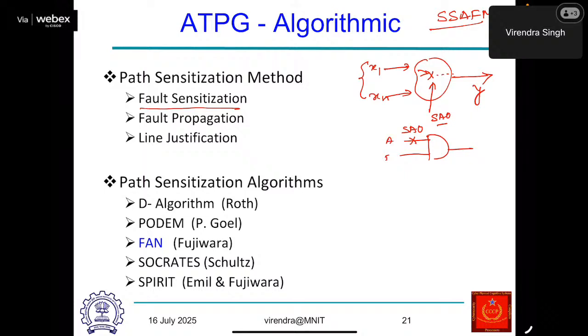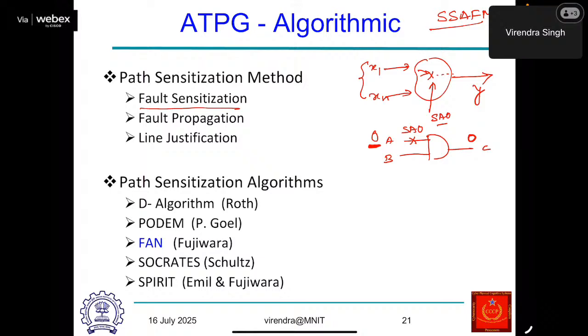If I apply 0 at A, is there any possibility to produce two different outputs for any input of B, when there is a fault or when there is no fault? If this value is 0, output will always remain 0, irrespective of whatever value of B I have. And whether it's faulty or fault free, I cannot distinguish that.